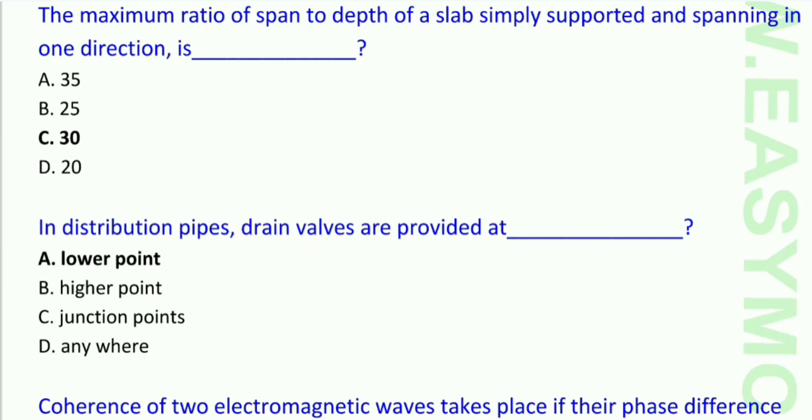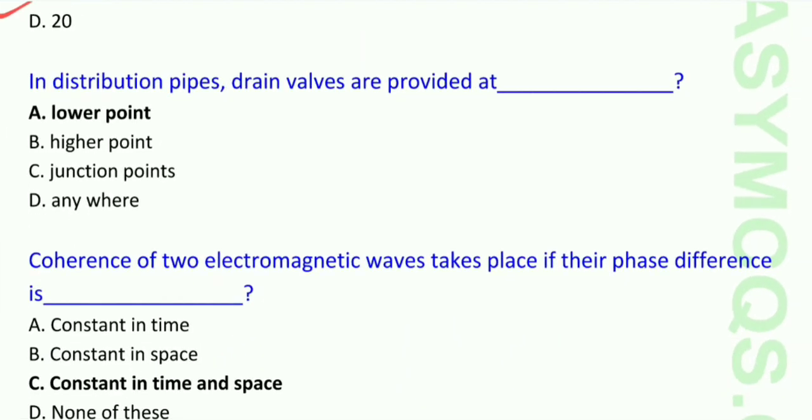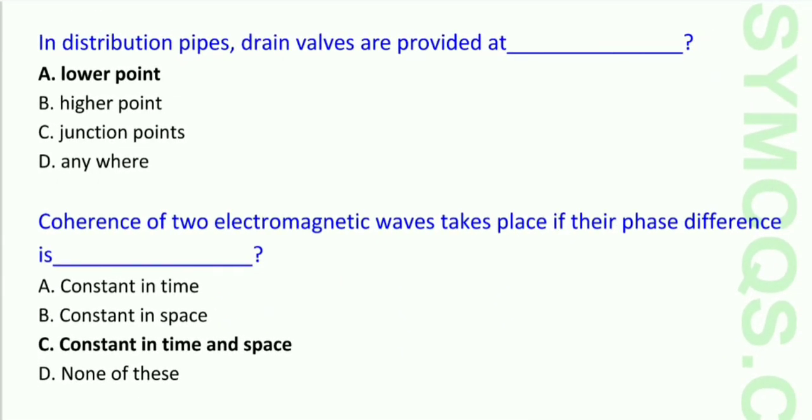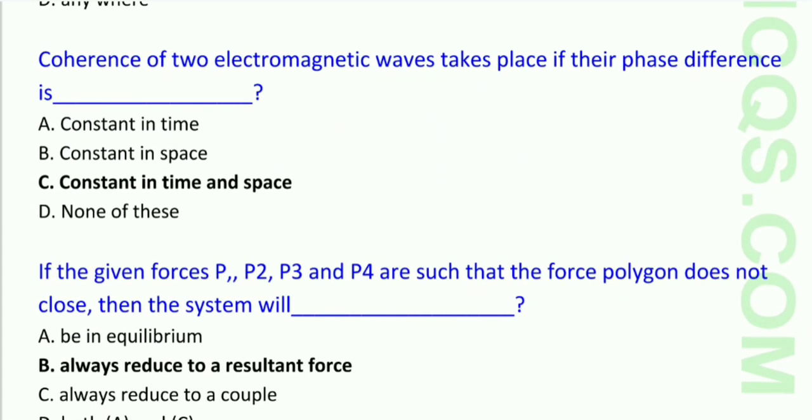The maximum ratio of span to depth of a slab simply supported and spanning in one direction is 30. C is right. In distribution pipes, drain valves are provided at lowest point. Coherence of two electromagnetic waves takes place if their phase difference is constant in time and space.